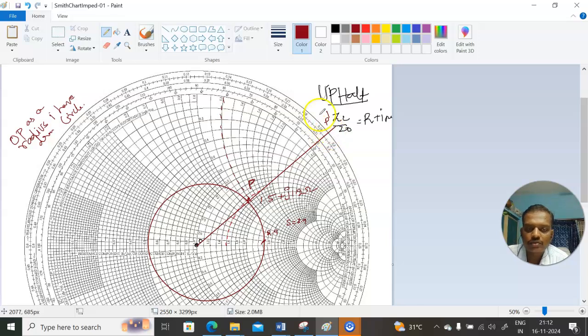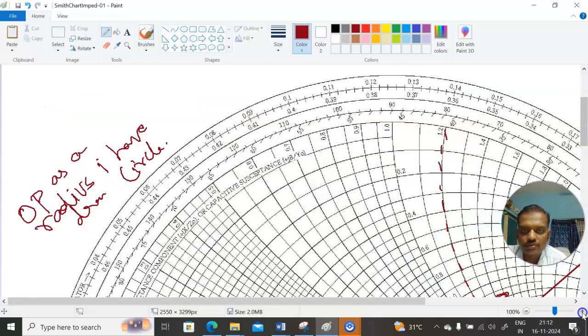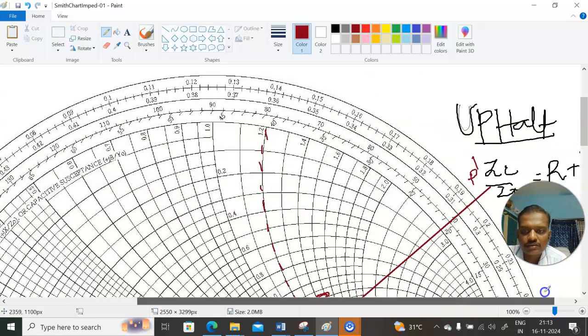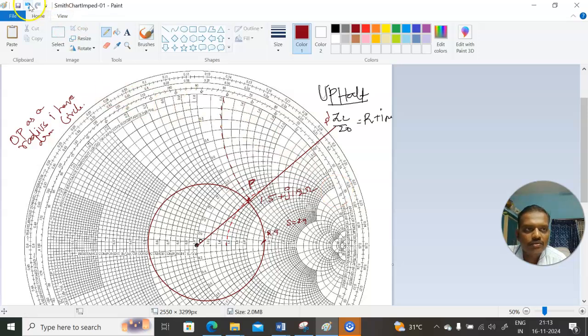When you zoom in, you get a value of almost 0.19. Let me draw that once again. From O along P, I am drawing a straight line.